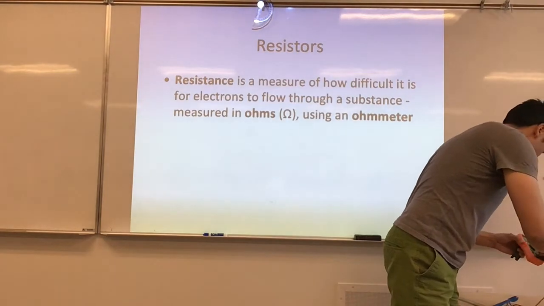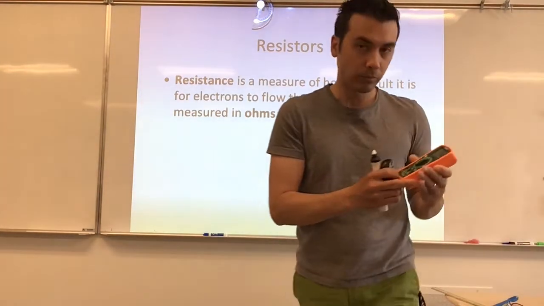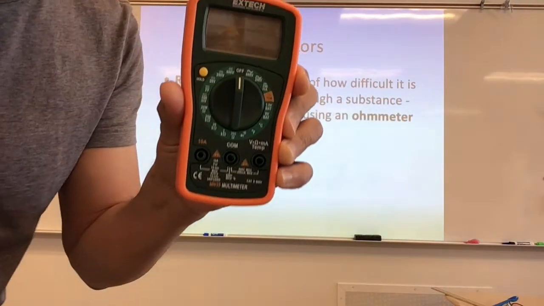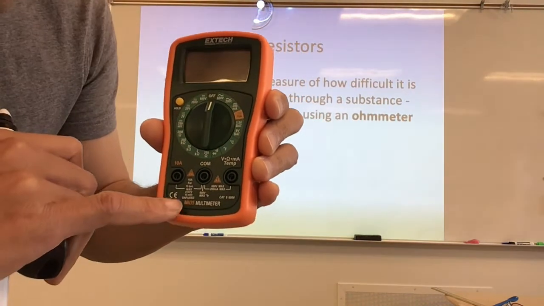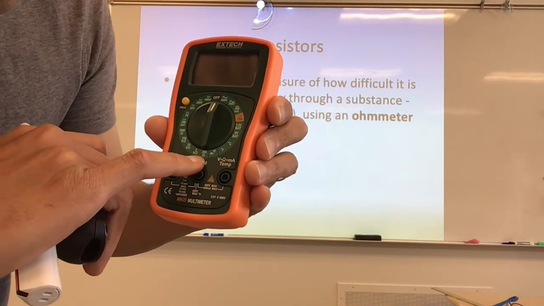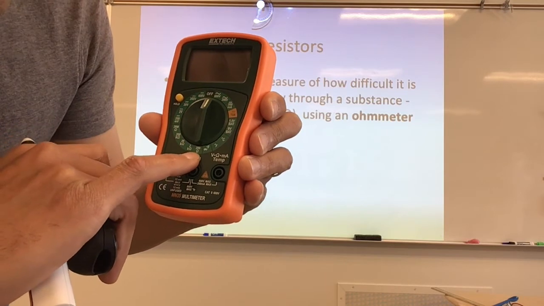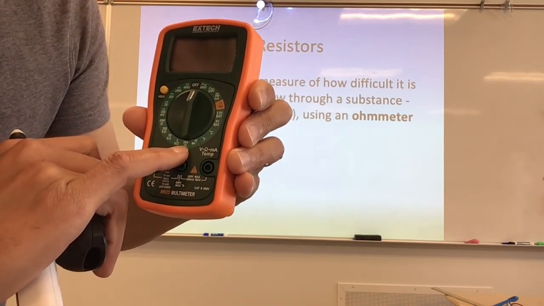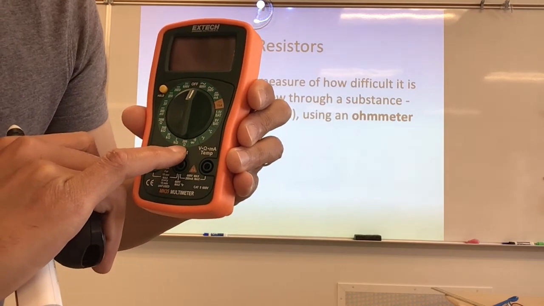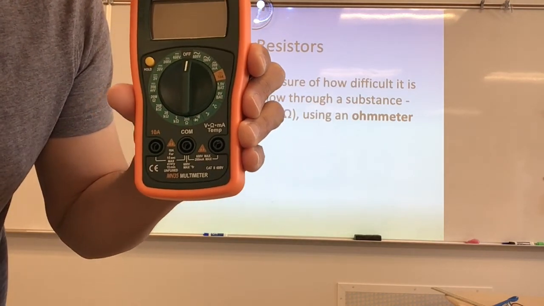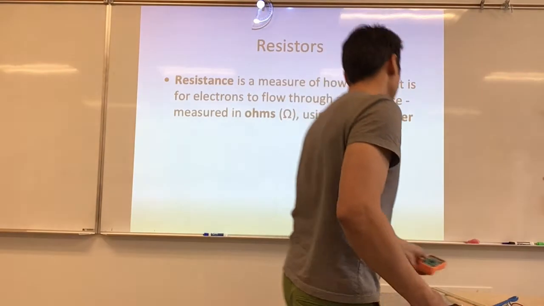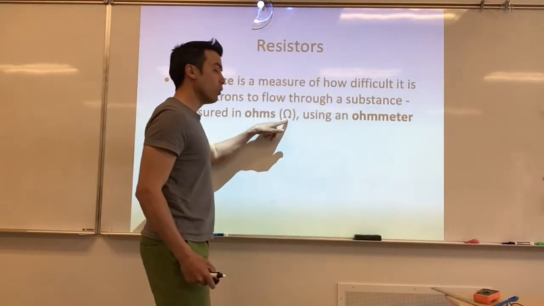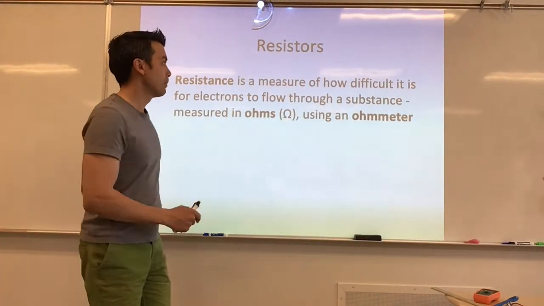On any type of multimeter, we can measure ohms, and ohms are shown by this Greek letter omega. It just looks like a circle that's not really closed off and has legs down there. The symbol for ohms is also right here as well. It's a Greek letter.